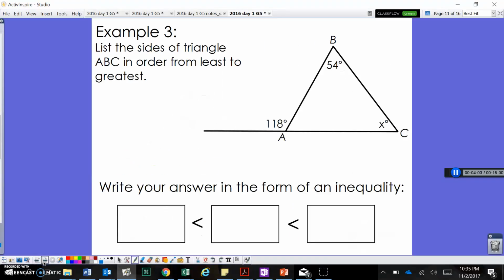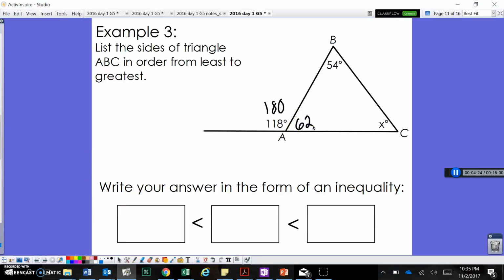Okay? Example 3. So, list the sides of the triangle ABC in order from least to greatest. So, again, we need to figure out this missing angle. So, we have to subtract 118 from 180, since it's supplementary. And what we should get is 62.